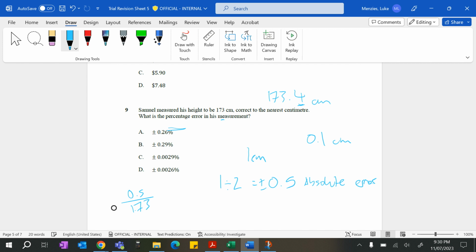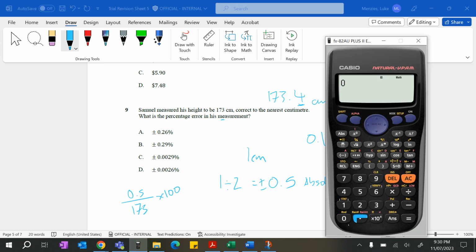That's not a dot, by the way. That was just me being sloppy there with my writing. Times 100 because we want it as a percentage. And they're usually really small. Most of these ones are usually small. So I dare say it's going to be probably C or D, I think.